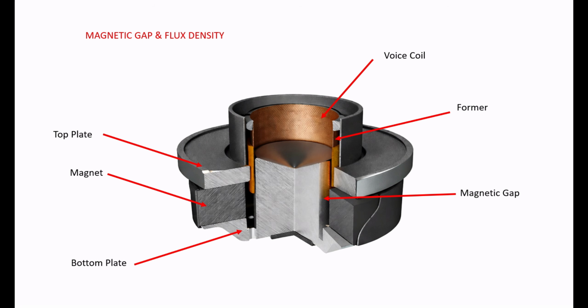Right, the second thing that influences motor strength is what we call magnetic gap and flux density. This has all got to do with the strength of the magnetic interaction between the fixed magnet and the voice coil, right?